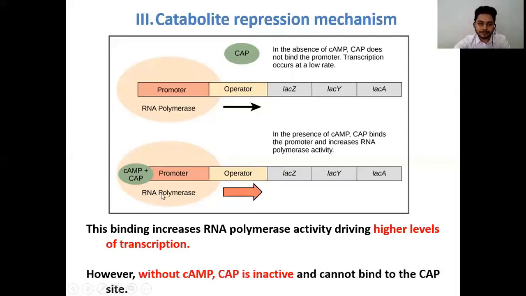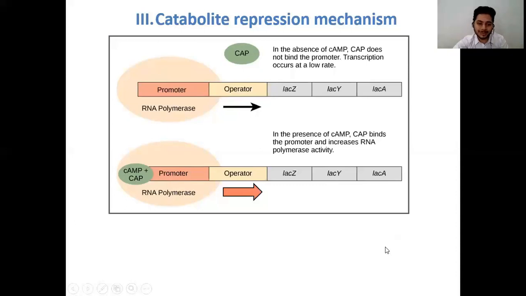However, if cyclic AMP is absent, that is, where the levels of cyclic AMP are low, the CAP is said to be inactivated. So CAP can no longer bind to the CAP site if cyclic AMP is not available. When cyclic AMP is low, the CAP will no longer bind to the CAP binding site.